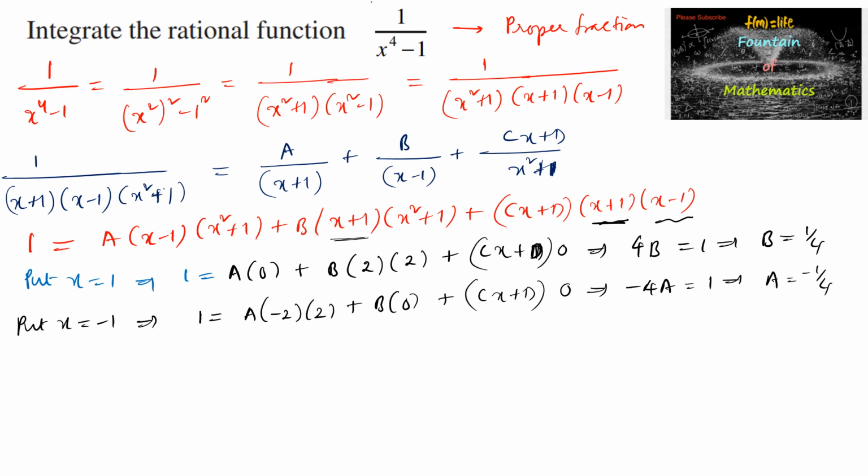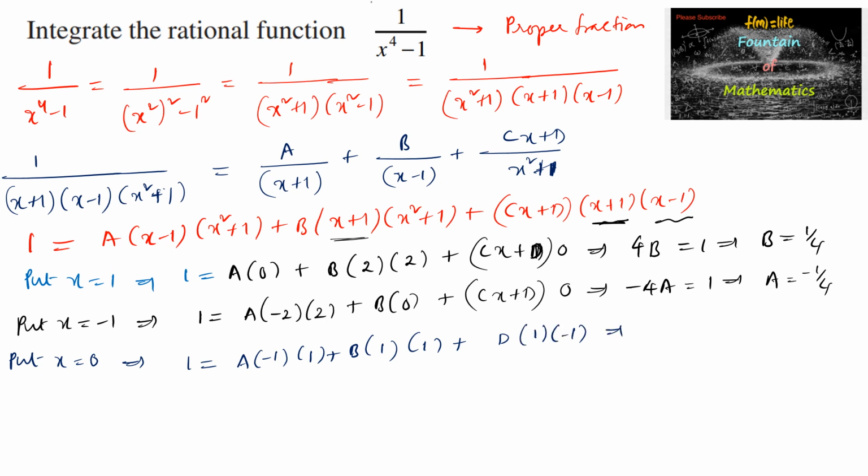Now let us put x is equal to 0. So we have 1 is equal to a times of minus 1, and 0 plus 1 is 1, plus b times of 1 and again 1, plus c into 0, that is 0, plus d times of 1 into minus 1.